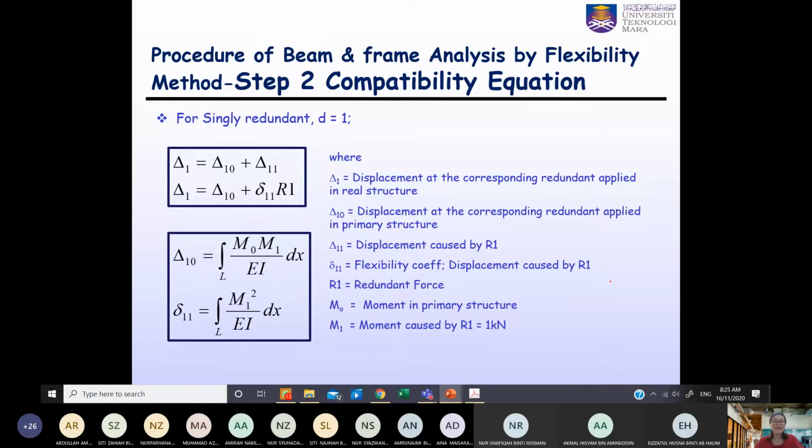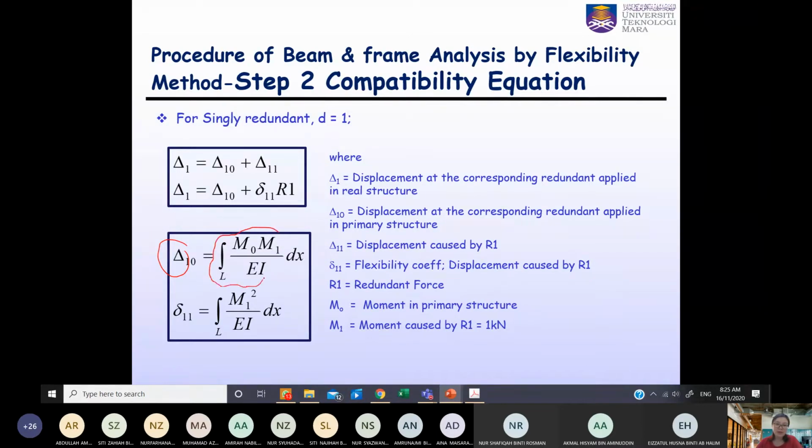Last week we tried to write the compatibility equation. There is nothing different for beams and truss. The only difference is the displacement, because for truss we are using axial force, but for beams and frames we are more concerned with the moment.